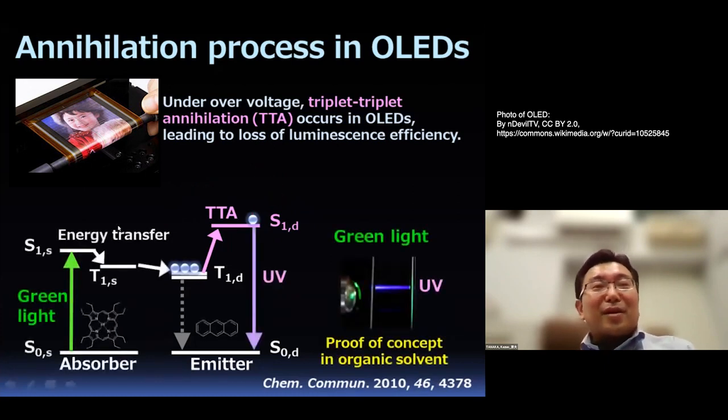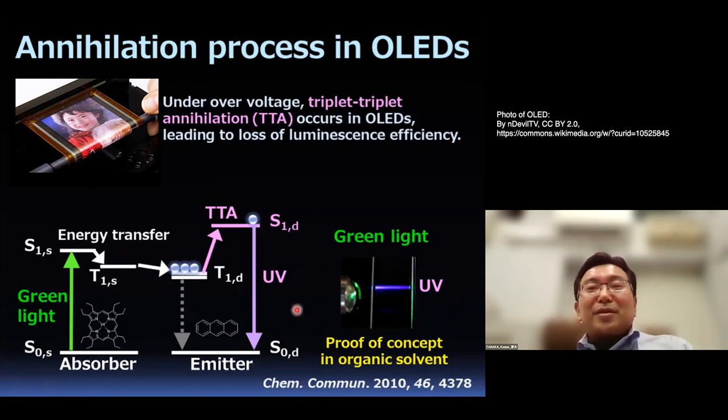It is found only in the OLED with over voltage, but by employing energy transfer in solution state, we can observe this system. It is very complicated, but in summary, by irradiating green light, which is visible light, we can detect the UV light based on the energy transfer and TTA process.